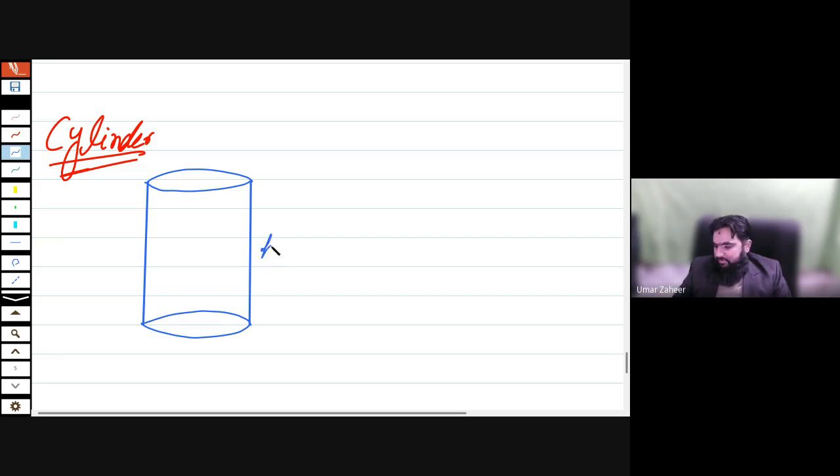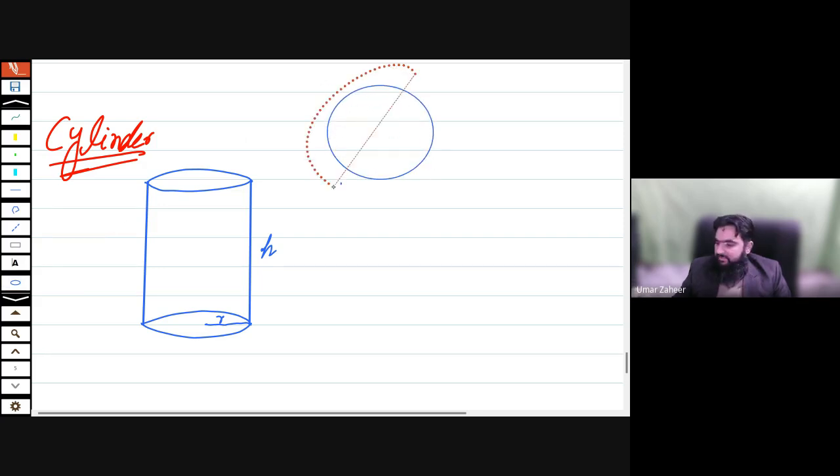Let's say this is the height, and this is the radius of the circle. When you open it, you want to find the total surface area. So on the top, you are going to get a circle, and the same circle is going to be at the bottom, right?